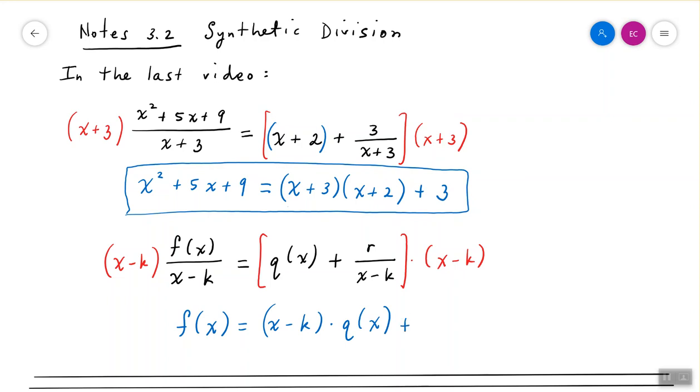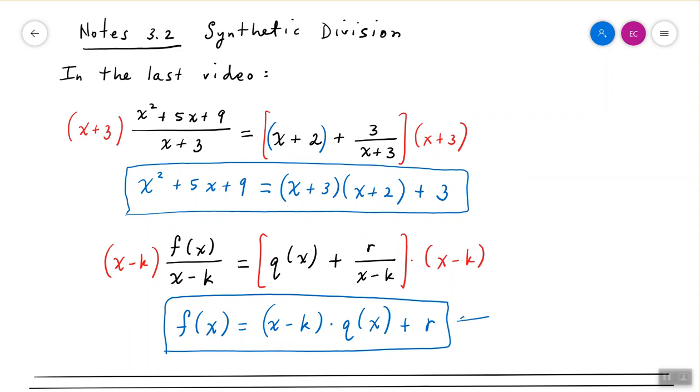And then the x minus k cancels with the x minus k in the denominator, and we're just left with plus r. So again, the left side is any old polynomial, and the right side is a new way to write it. This is an important idea. It has a name. It's called the division algorithm.